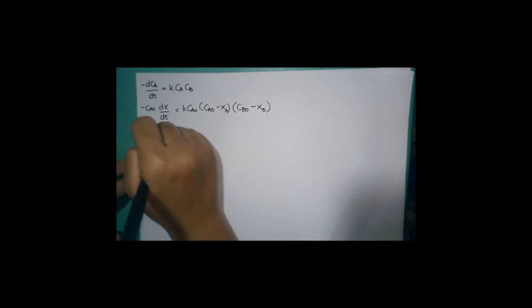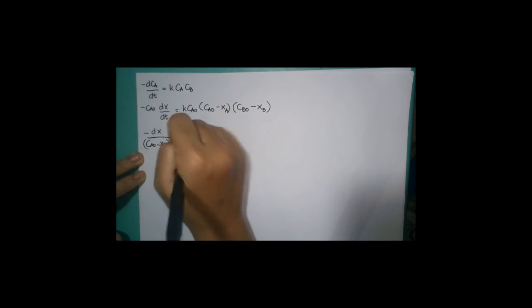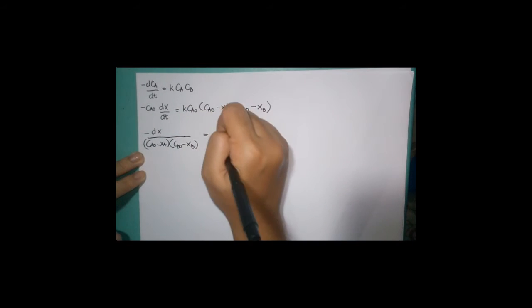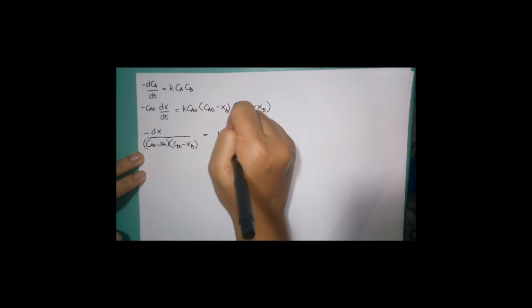So, we'll have a negative dX all over (CAO minus XA) times (CBO minus XB) equals K dt.